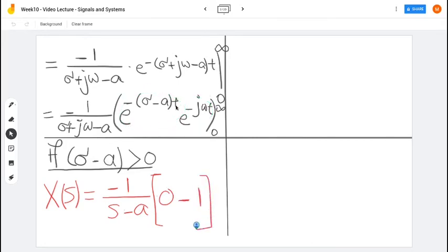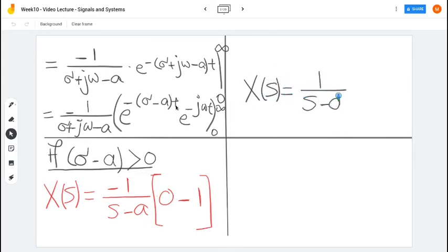So in this case, the Laplace transform will be equal to 1 over (s minus a). So the Laplace transform in this case X(s) would be 1 over (s minus a).